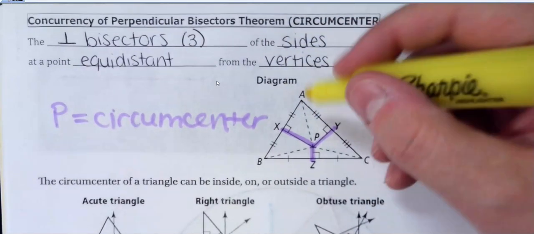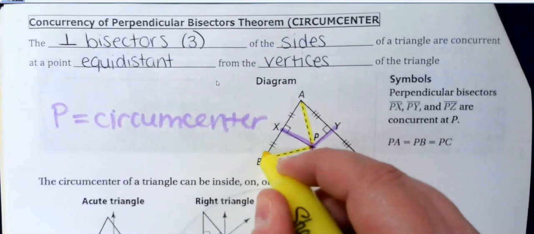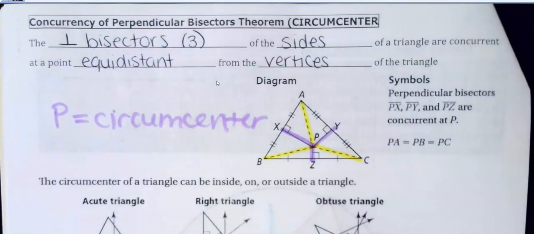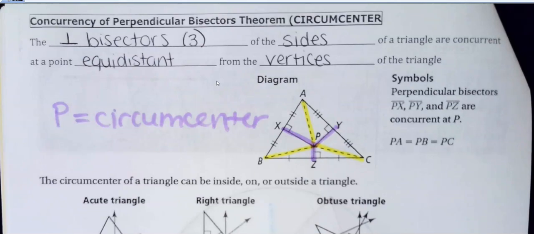So from P to A, from P to B, and from P to C, those distances are each the same. And they wrote it on the paper, right next to that, it says PA equals PB equals PC. So from that point to any one of the vertices of the triangle, those segments are all exactly the same length, the little dotted lines.